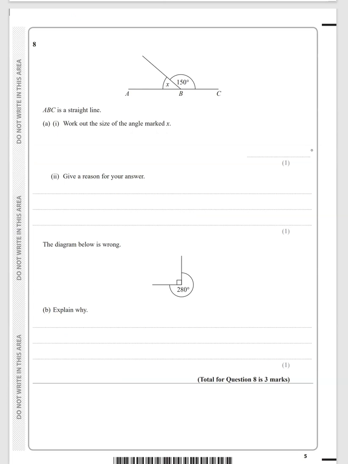Okay, number 8. ABC is a straight line. Work out the size of the angle marked X. Well, we know angles on a straight line add up to 180. So it's 180 minus 150 is 30. I haven't even reached my calculator yet. Okay, give a reason for your answer.